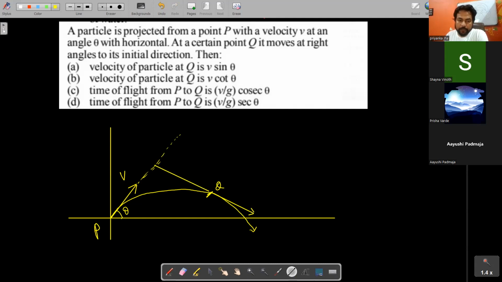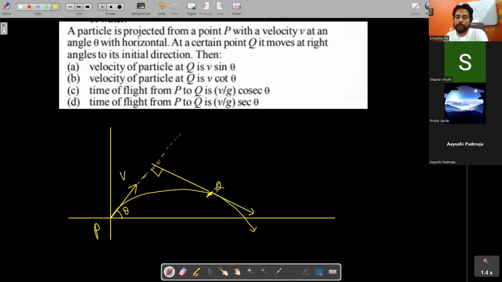This is 90 degrees. So at Q, the direction of motion is like this, perpendicular to the initial direction. So initial direction was this, and at Q it is like this. So this angle is 90 degrees.